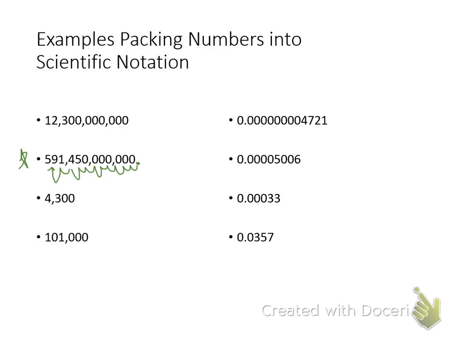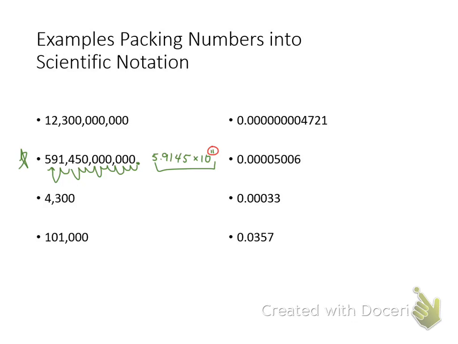And the coefficient's going to be 5.9145, times 10 raised to what power? 11. So as this number gets bigger, it gets bigger by a factor of 10. That's how that works.